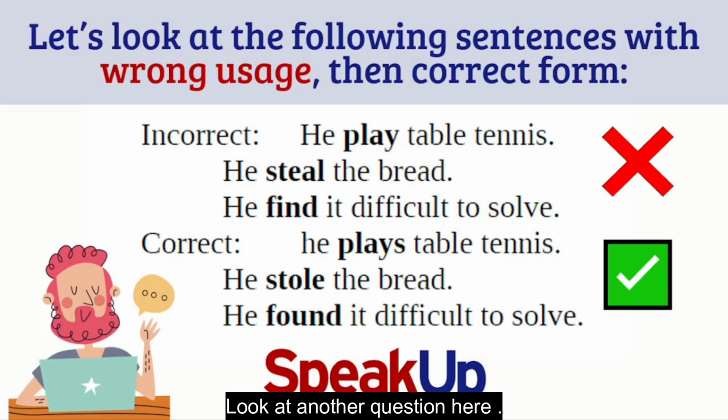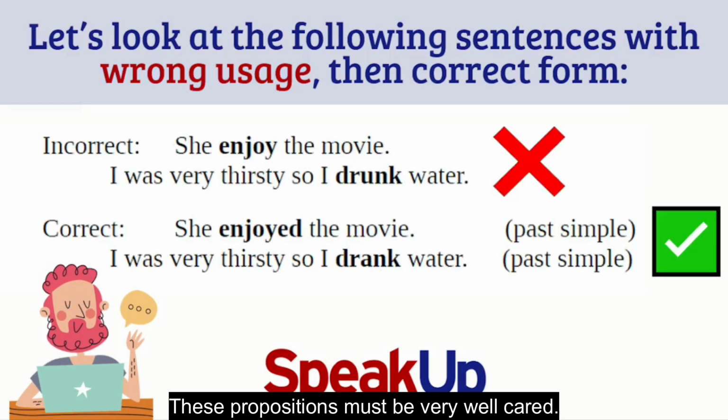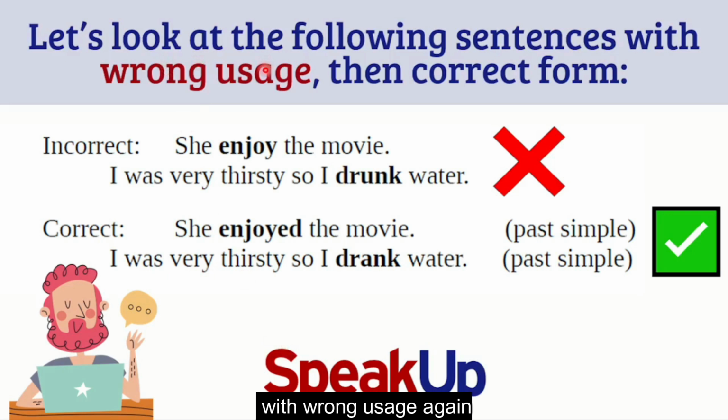Look at another question here. He find it difficult to solve. No, the correct alternative would be, he found it difficult to solve. These forms must be very well cared for. Now, look at the following sentences with wrong usage again, and then their correct forms.